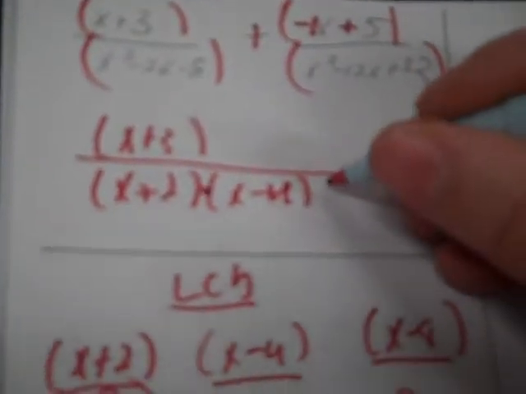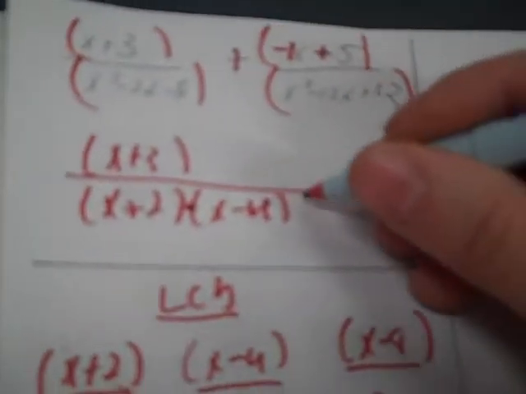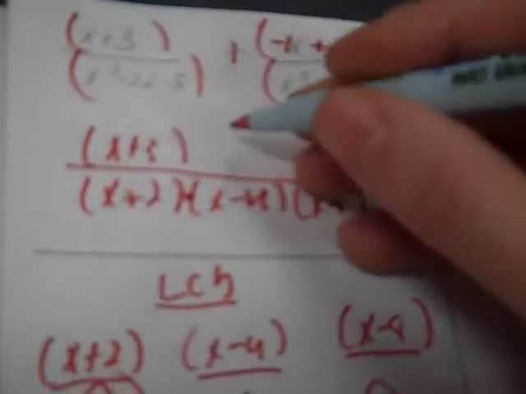Okay, x minus 4, 1 here, 1 here. We're good. X minus 8, none here, 1 here. Okay, so x minus 8, x minus 8. Okay, here we go. So we have x minus 4 times x minus 8 times x plus 2.